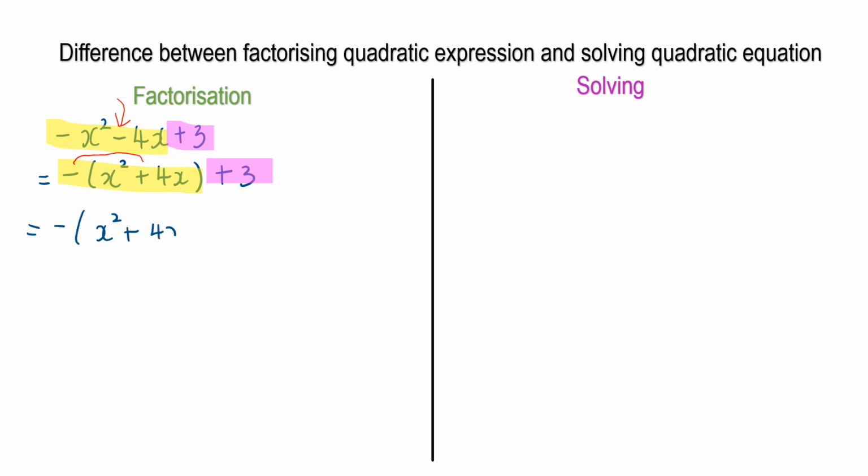Alright, then the third step. Yes, so we will have to complete the square. We have to add something to these two terms here. And the one that I need to add, you add and you take away. So the term that you need to add is half the coefficient of x. The coefficient of x here is positive 4, so we divide by 2.